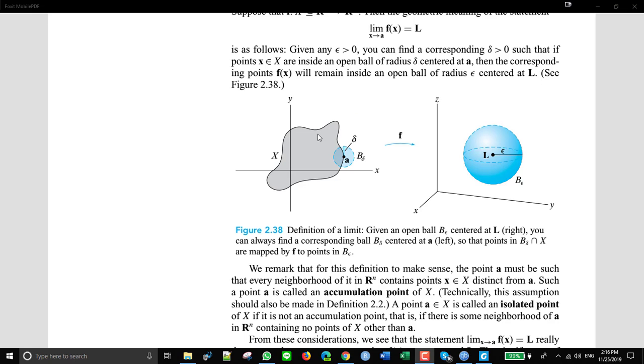It's separated from the rest of X. So it's not an accumulation point. So we don't talk about limits at points that are not accumulation points.